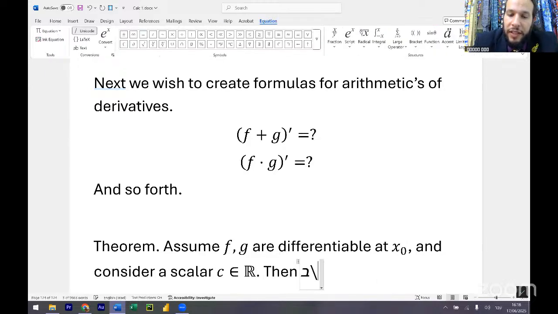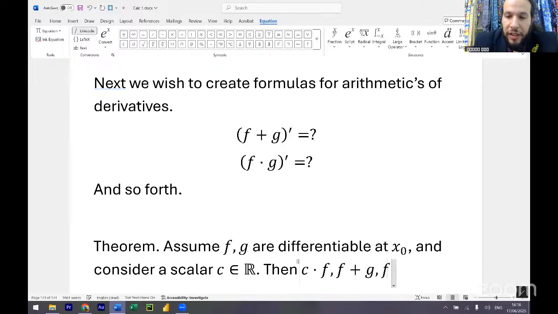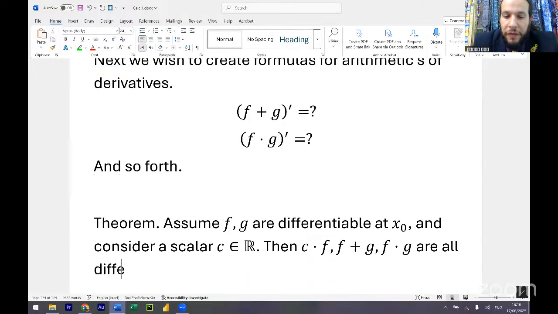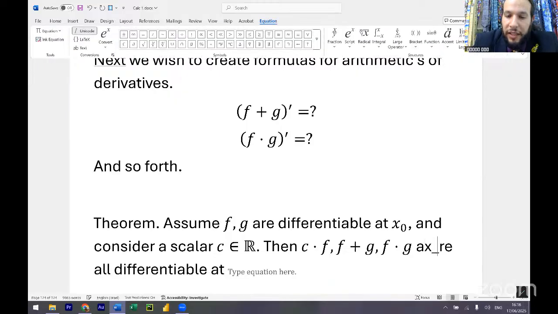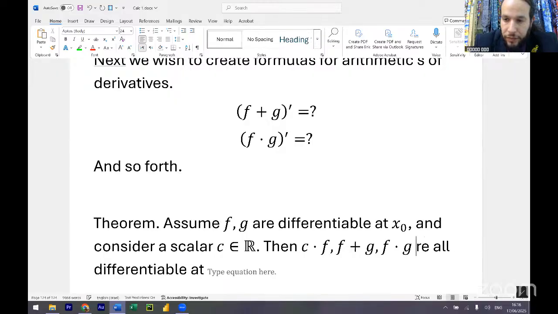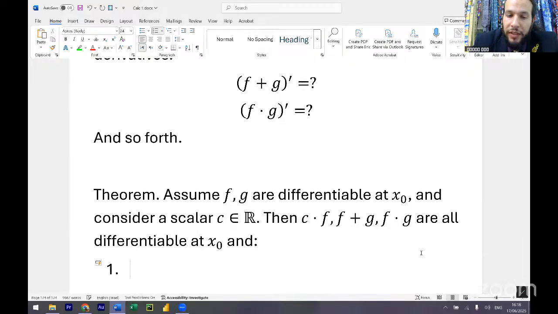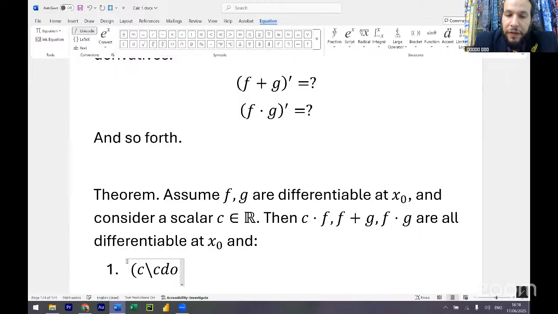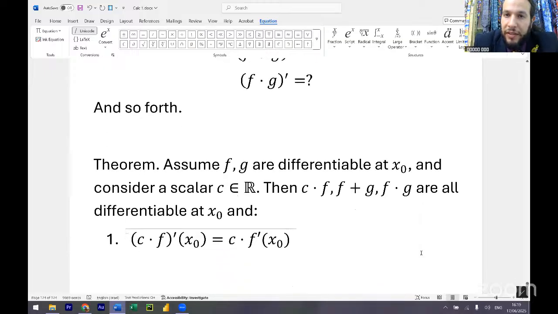Then c times f, f plus g, and f times g are all differentiable at x0, and one, the derivative of c times f at x0 is simply c times the derivative of f. The constant simply slips out.